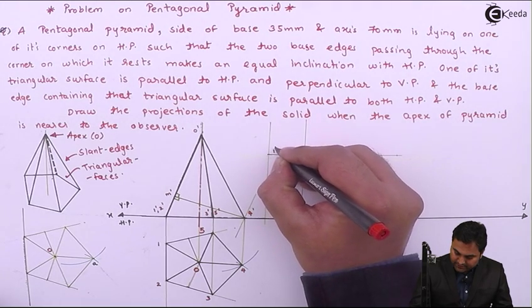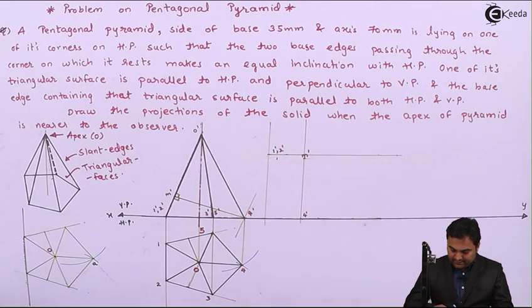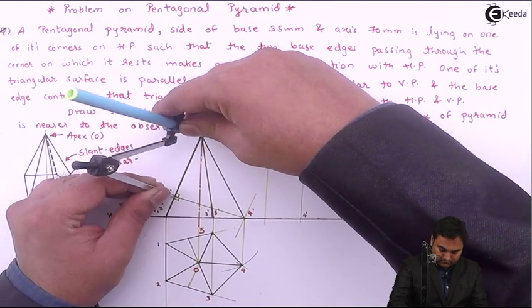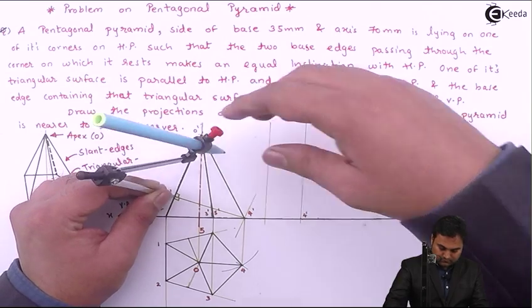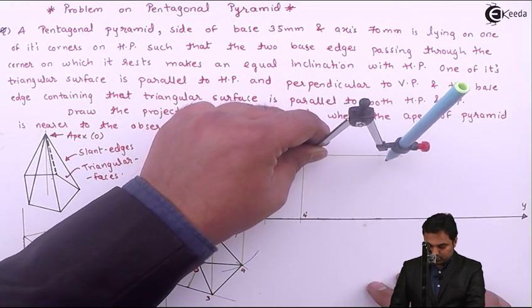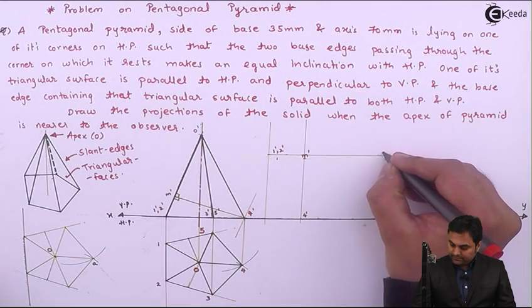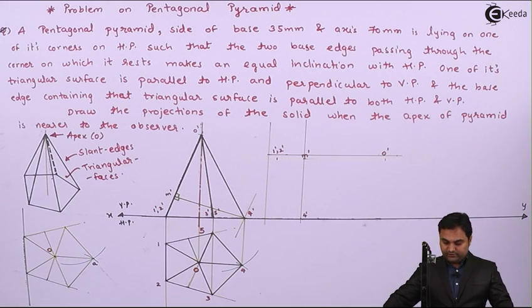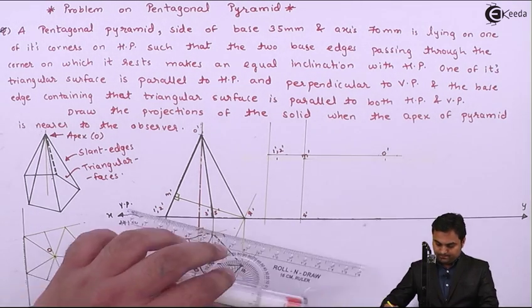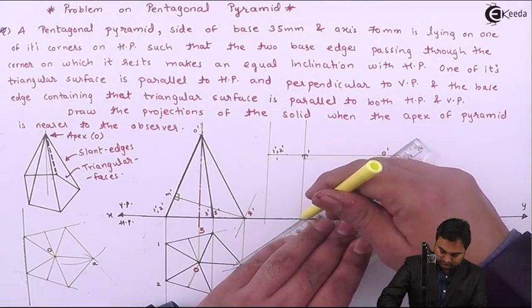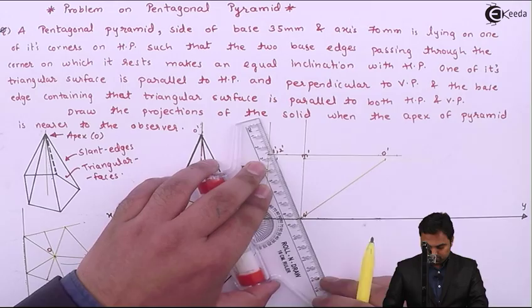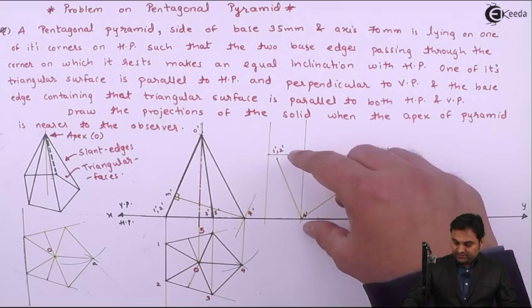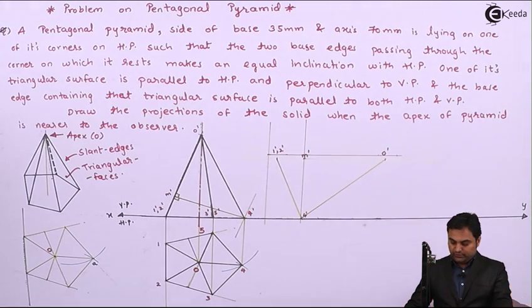So that gives me 1 dash, 2 dash, and from M dash up to O dash, here I am getting O dash. Now joining them in proper sequence, first with the help of light lines, then after getting this, here is the base edge 4 dash, 1 dash, 2 dash.